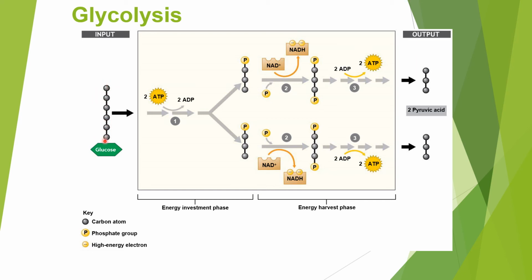So glucose has 6 carbons. Glycolysis, the very first thing that needs to happen is the investment of 2 ATP molecules. So 2 ATP molecules need to be used. The glucose is going to eventually split into 2 pyruvic acids right here.